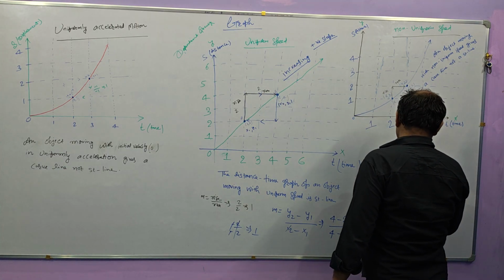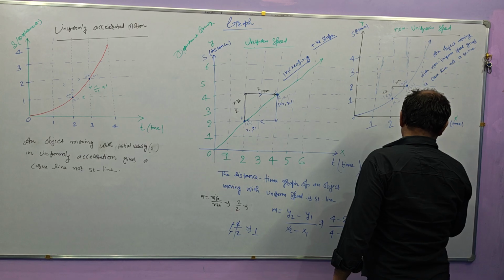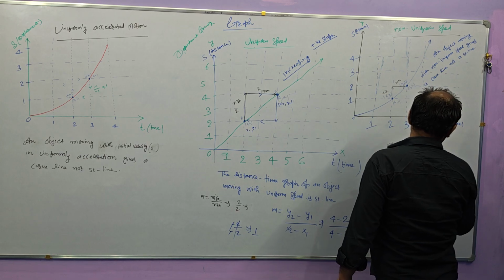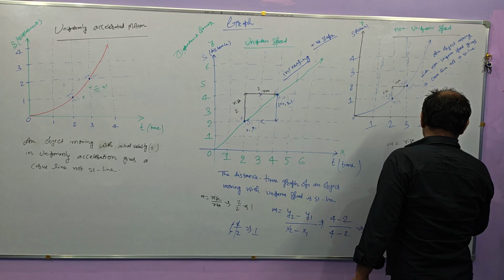So m is equal to 1 upon 1, that is, we have a slope 1.